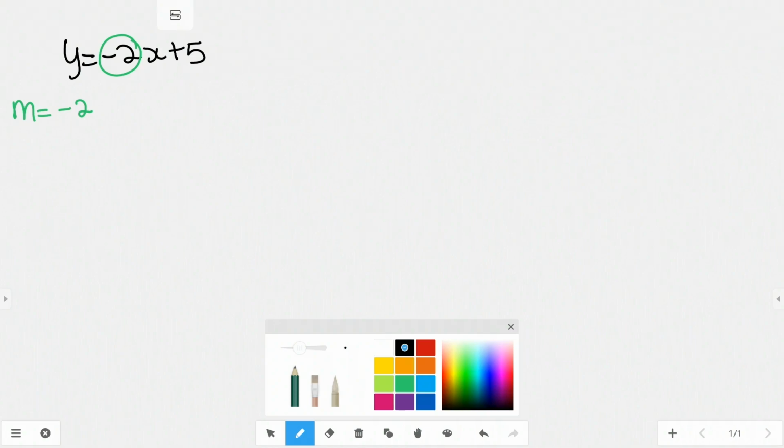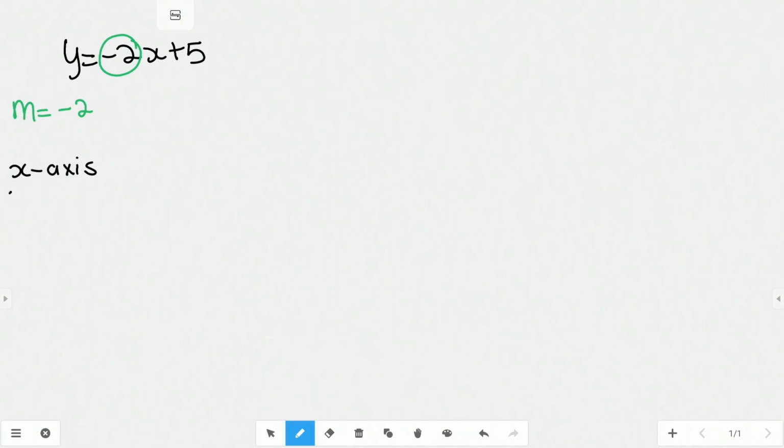Now we want the coordinates at which the line cuts the x-axis. First step is to let y be 0 and then substitute it into the equation in order for us to solve for x. So we're going to have 0 is equal to negative 2x plus 5. Carrying across, 0 subtract 5 is equal to negative 2x. Negative 5 is equal to negative 2x.